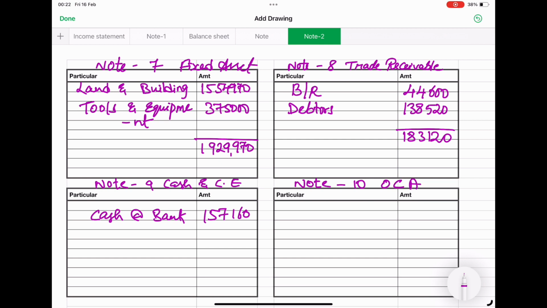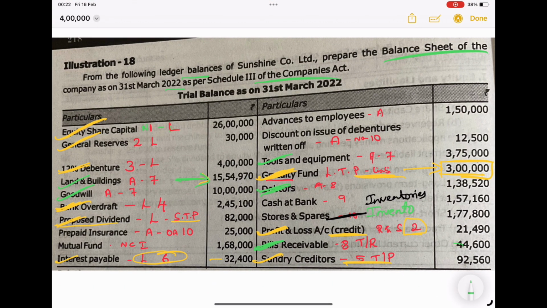Okay, in note 10, see, I'll show here. Yes, this prepaid insurance is there, right? This one is considered as other current asset. So prepaid insurance 25,000.